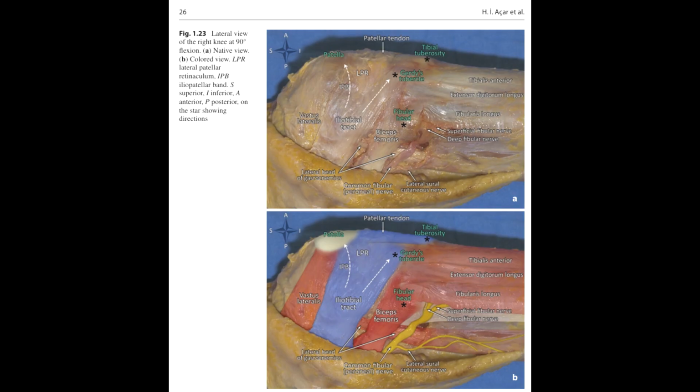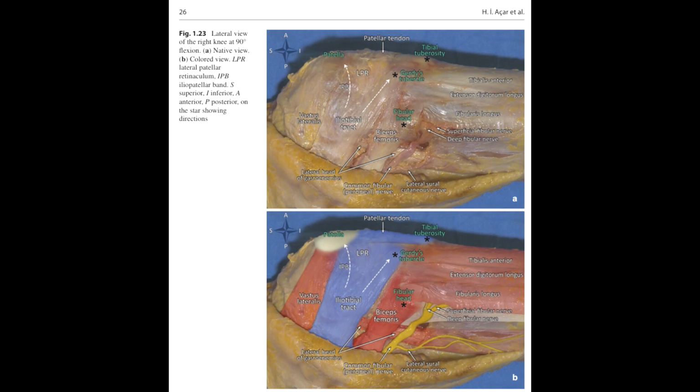At the level of the knee, the tendon of the biceps femoris splits into two parts, inserting anterior and posterior to the head of the fibula. Between the tendon and the lateral collateral ligament, LCL, lies a small bursa called the biceps femoris bursa, which may become inflamed and painful.